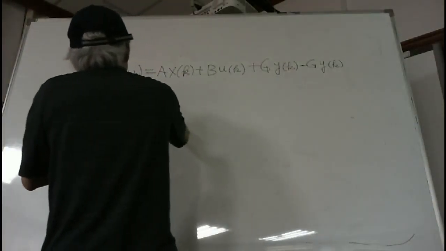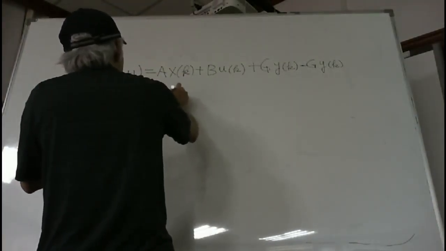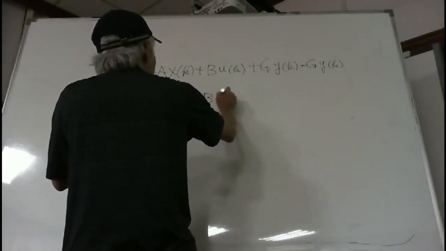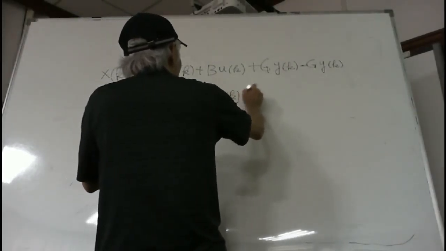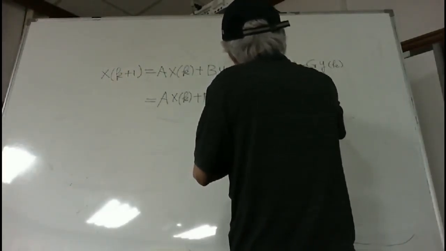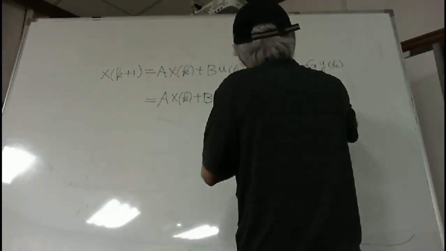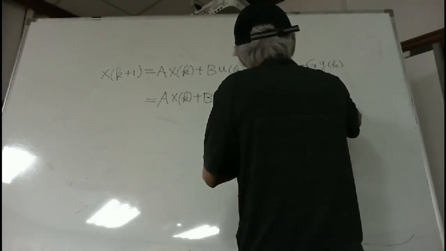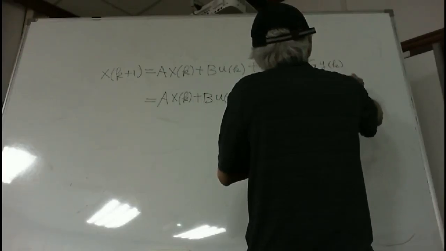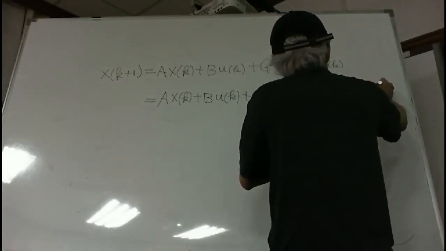Then I will say Axk plus Buk plus G times, where yk is equal to Cxk plus Duk, minus Gyk.